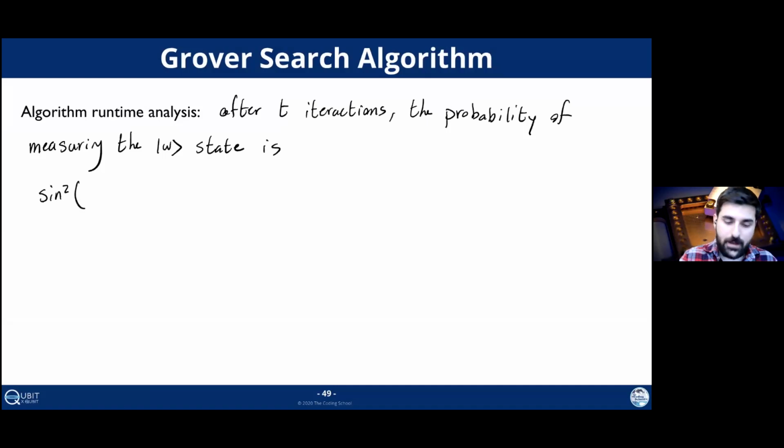And it's going to be whatever angle we ended up with. That is t plus 1/2 times the original theta.